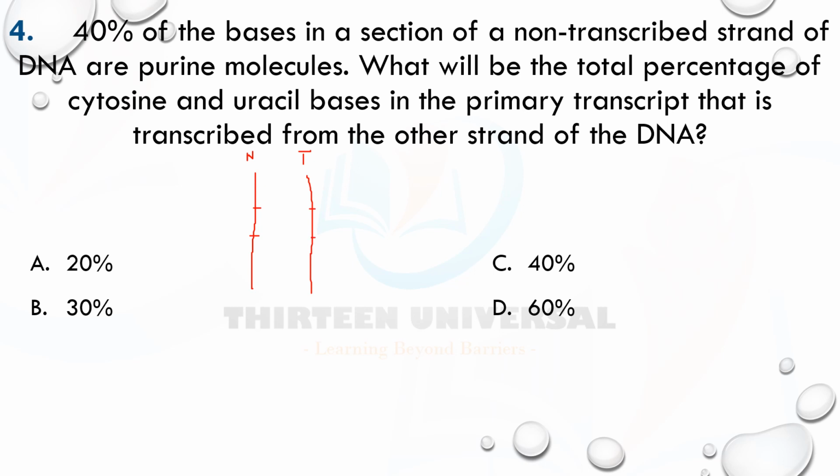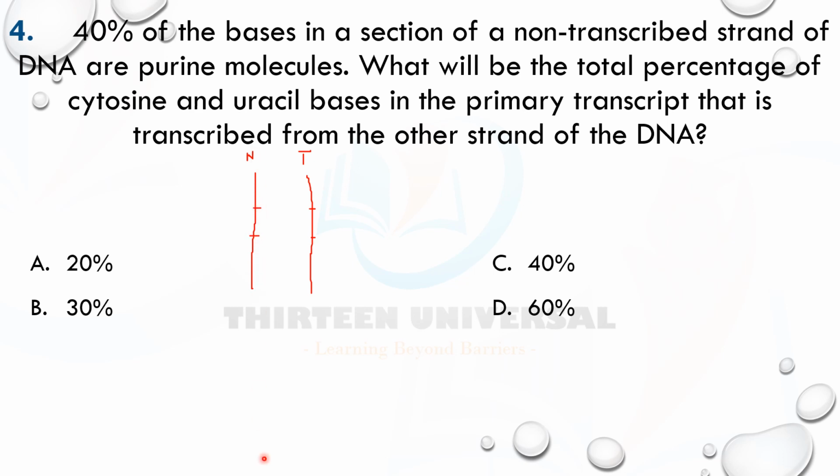Now they're asking us. They say that 40% of bases in a section of a non-transcribed strand of DNA are purine molecules. This is non-transcribed. 40% of all the bases here are purine. Purines are double ring structure bases.